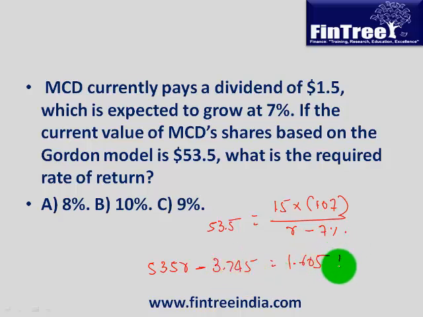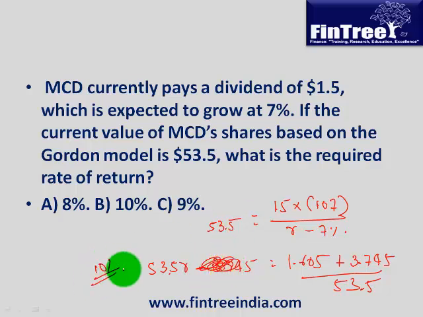So shift this number here, so it becomes plus 3.745, and this divided by 53.5. It was 53.5, right? So then it would come out to be 10%. Are you okay here?